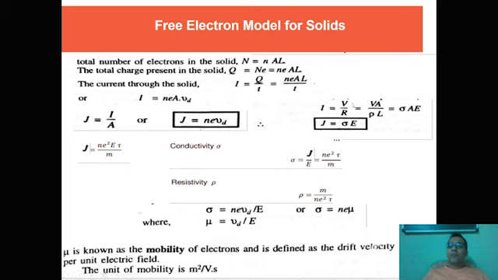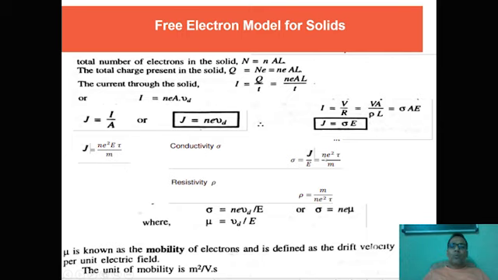V can be written in terms of the resistance R, and one can write this as sigma AE, where 1 upon rho, the resistivity, is defined as the conductivity. So sigma multiplied by A, and V upon L can be written as the electric field intensity. So this current density J can also be written as sigma E.